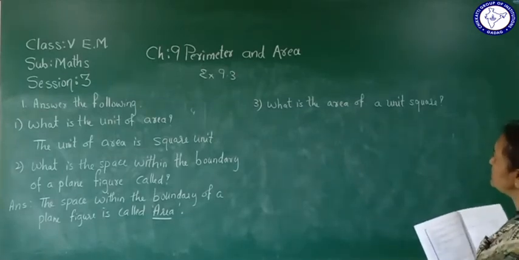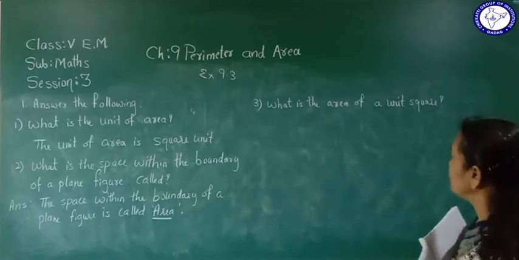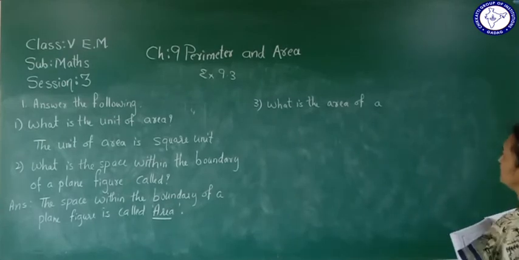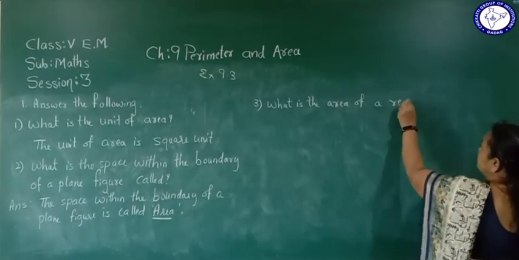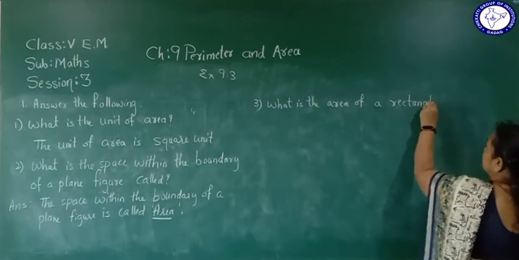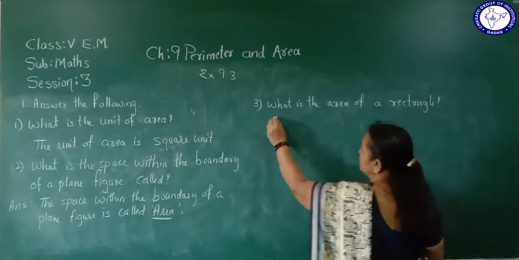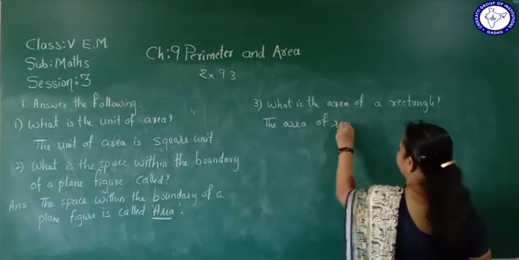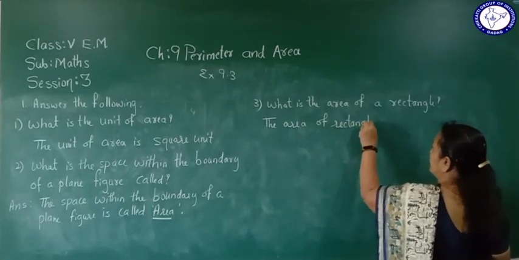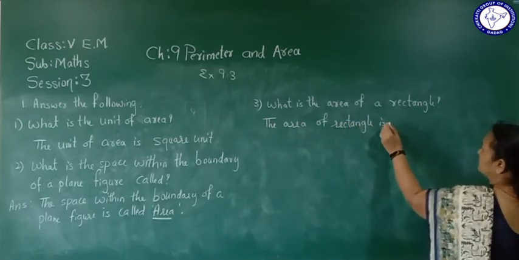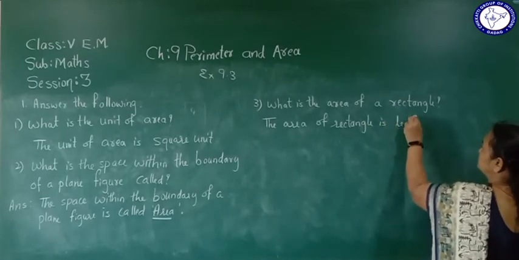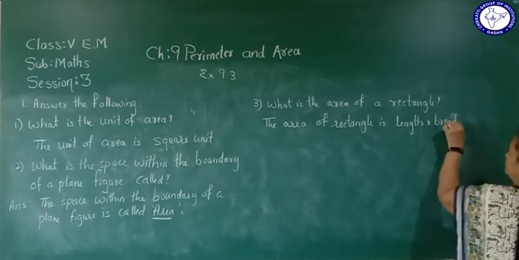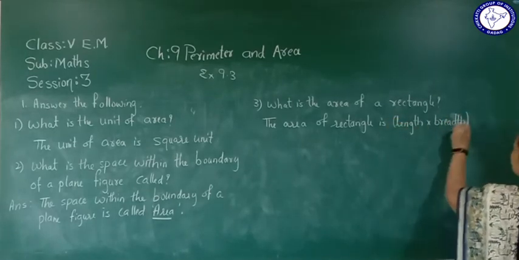So here what is the area of a rectangle should come. Don't write square here, make it rectangle. What is the area of a rectangle? So here we should write a formula. The area of rectangle is length into breadth square units.